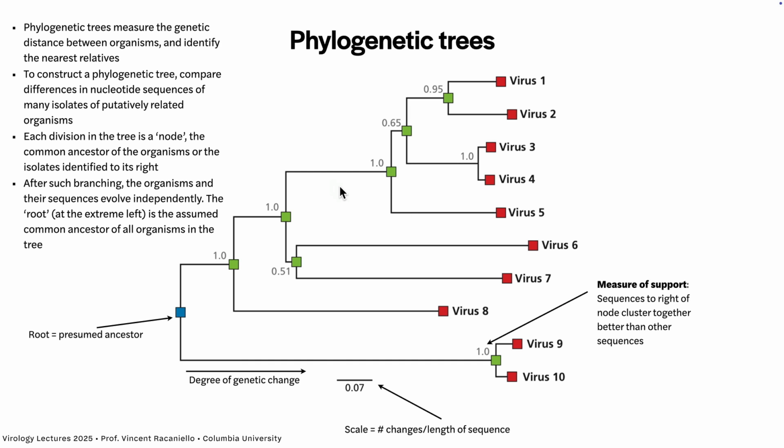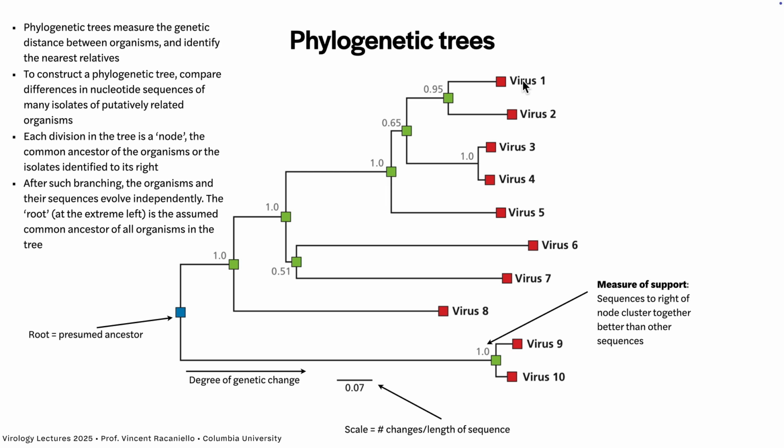A phylogenetic tree measures the genetic distance between genomes and basically organizes viruses according to the closest sequence. So here we have 10 virus sequences, and we use a computer algorithm, and we compare the 10 sequences in pairwise comparisons, and we display them as who is the closest.